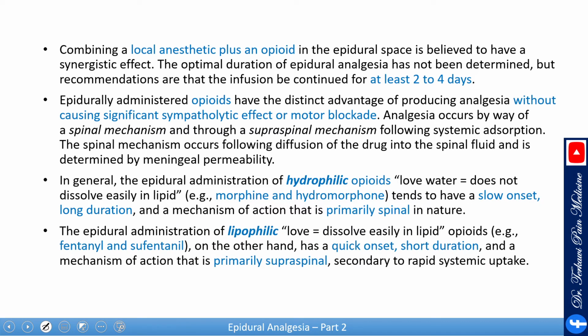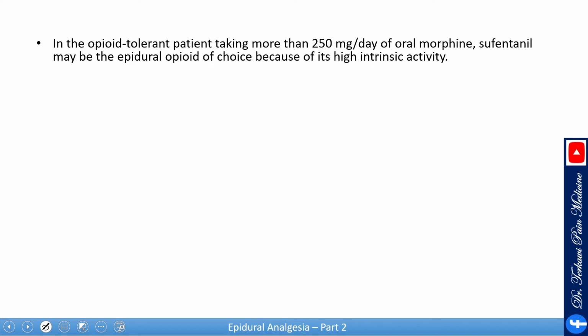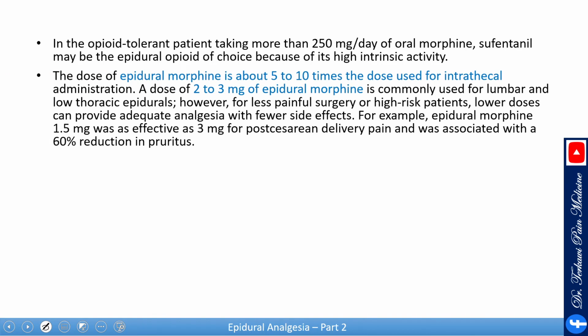On the other hand, lipophilic opioids, like fentanyl and sufentanil, will have a quick onset and shorter duration. And you can use sufentanil in a patient with opioid tolerance. And you can use morphine.